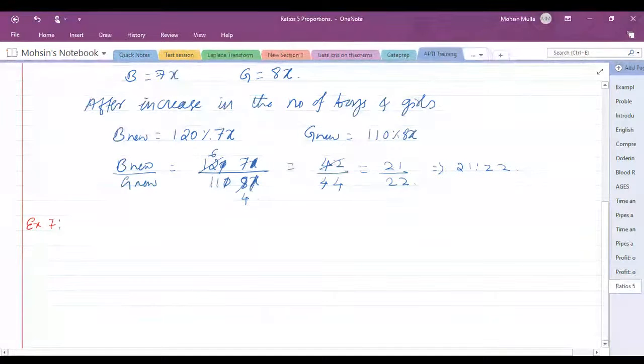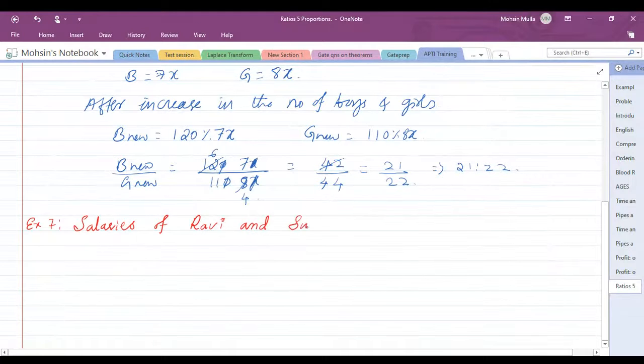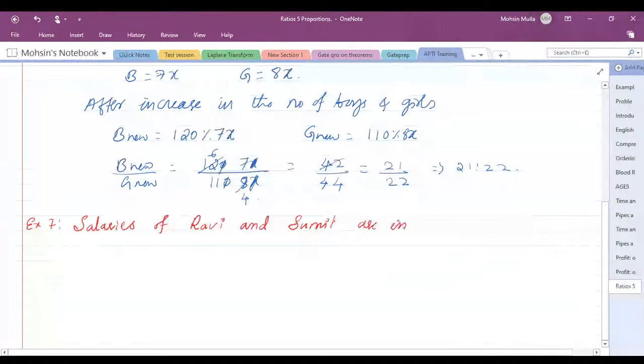Salaries of Ravi and Sumit are in the ratio 2:3.